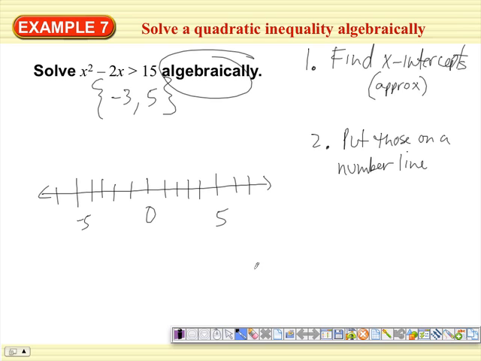Okay, put 2 dots on your number line. Negative 3 and 5. What you're doing at this point is making boundaries. We're going to make regions out of these 2 points on a number line. So here's your next step. Make 2 boundaries. Draw 2 lines straight down through your points.